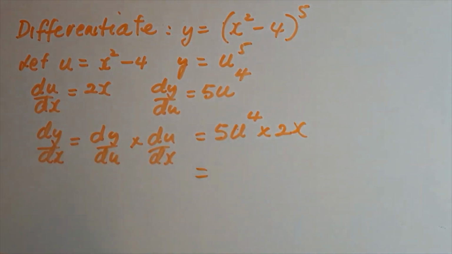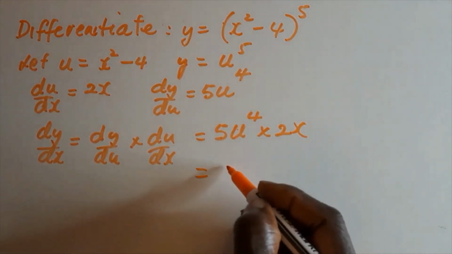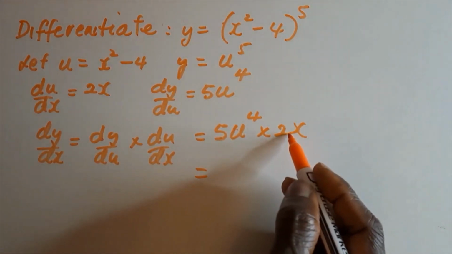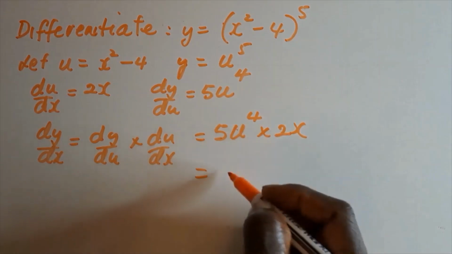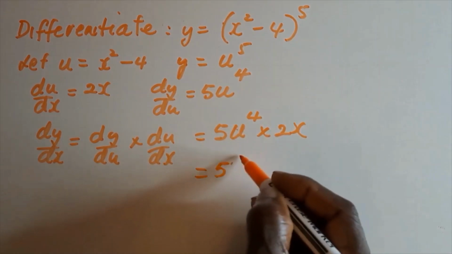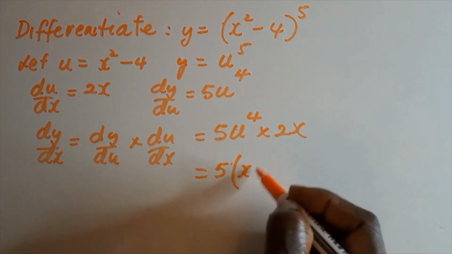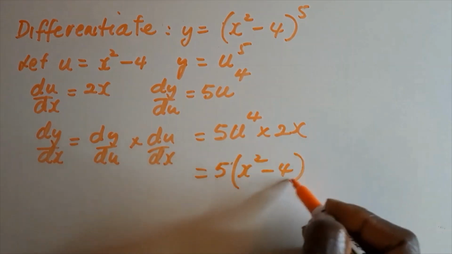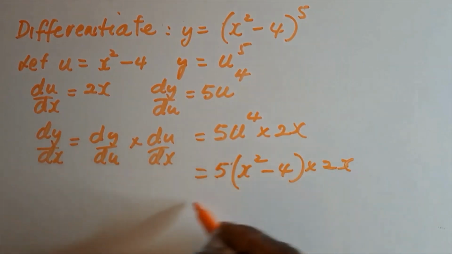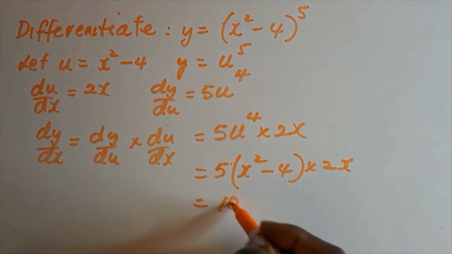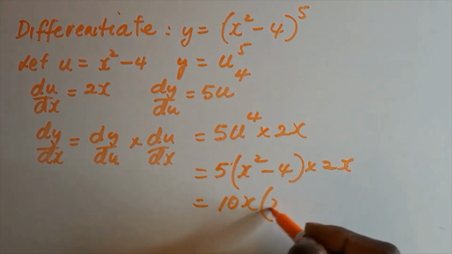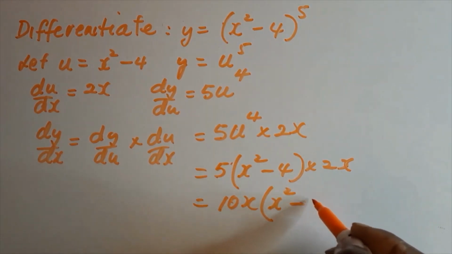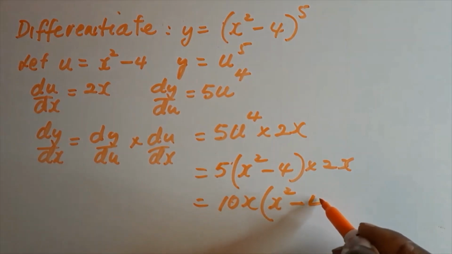Now we can substitute for u, and we have, let's do this first, 5 brackets x squared minus 4, and we times 2x, that becomes 10x brackets x squared minus 4.